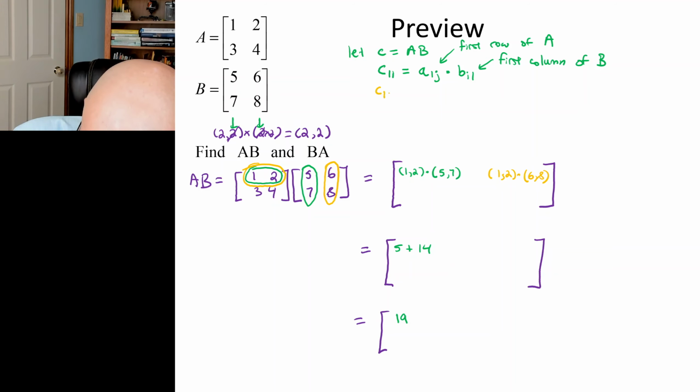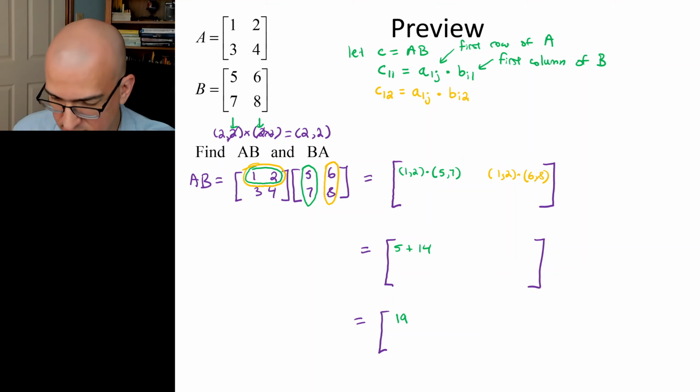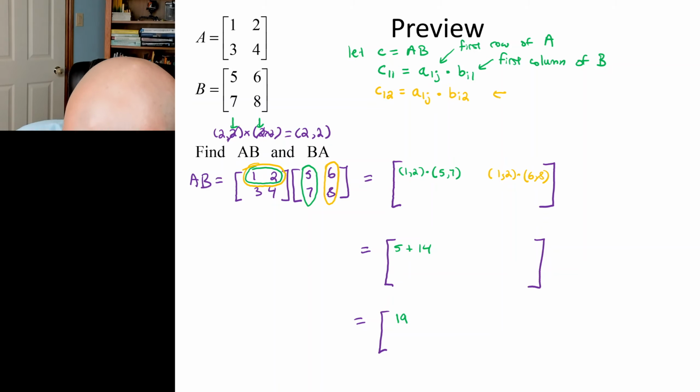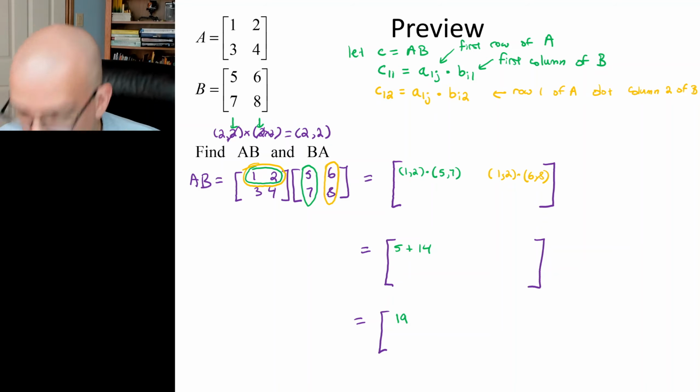That's C12, first row, second column, and it's going to be the dot product of the first row, A1J, dot BI2. Row 1 of A, dot column 2 of B. So let's do that dot product. 1 times 6, 6. 2 times 8, 16. So that'll be 22.